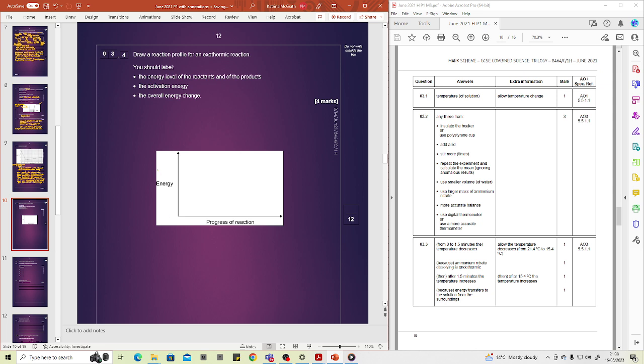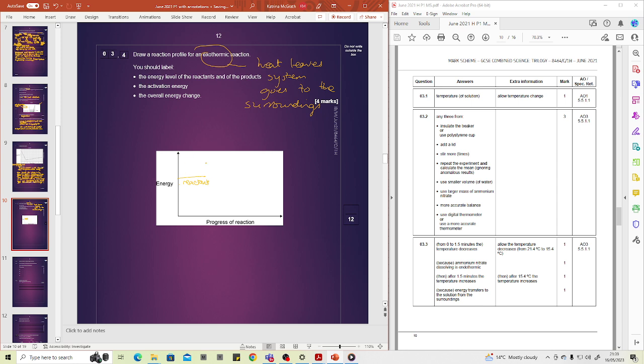Part 4, a reaction profile for an exothermic reaction. Okay, so just be careful. We've got heat coming out to the surroundings, leaves the chemical system, goes to the surroundings. So the energy level of the reactants and the product, so let's label reactants.